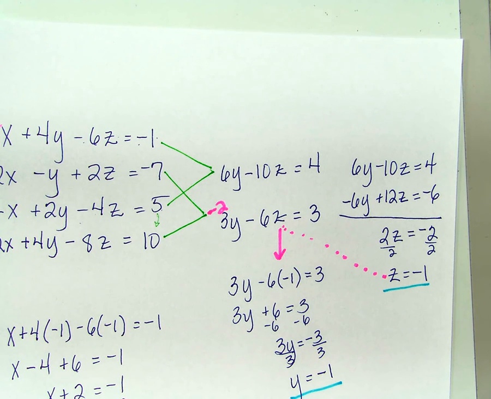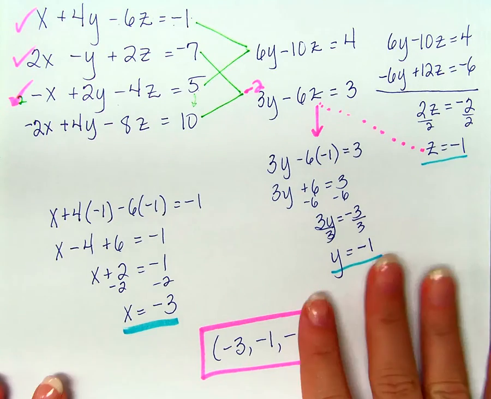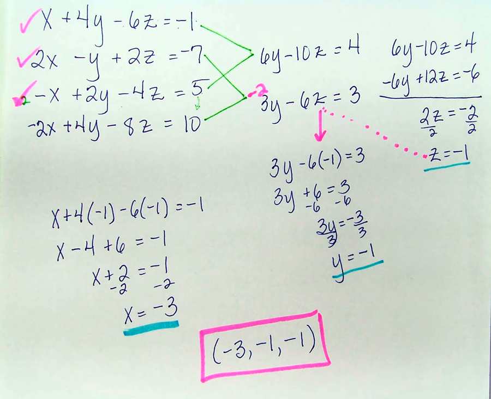So, something to think about is, if it's something that's not true, there's no solution. If it's something that is true, what do you think? All of the solutions. Okay? Does that make sense?